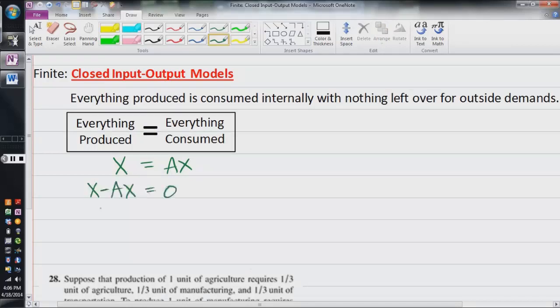And if I wanted to, I could pull out X as a common factor, leaving me with the identity matrix minus A times matrix X equals 0.